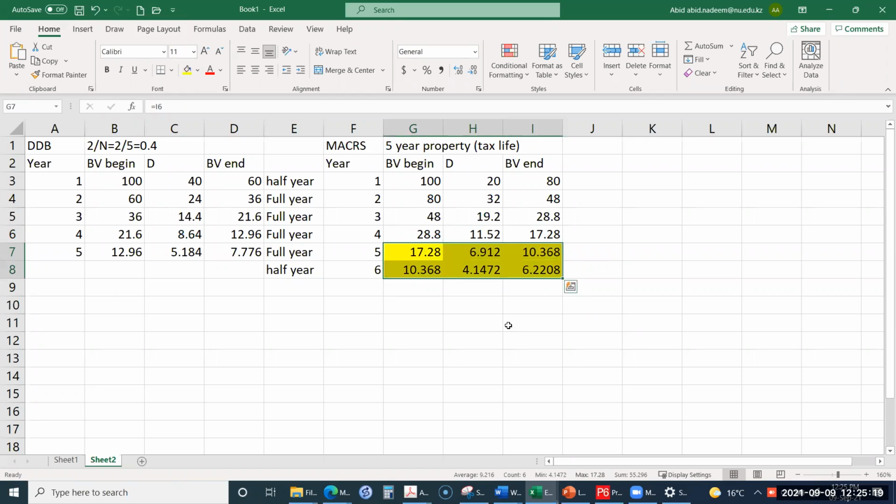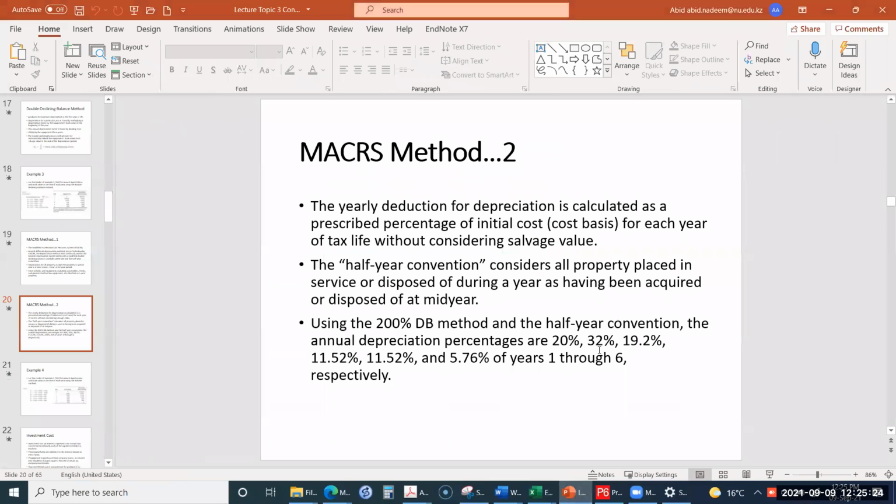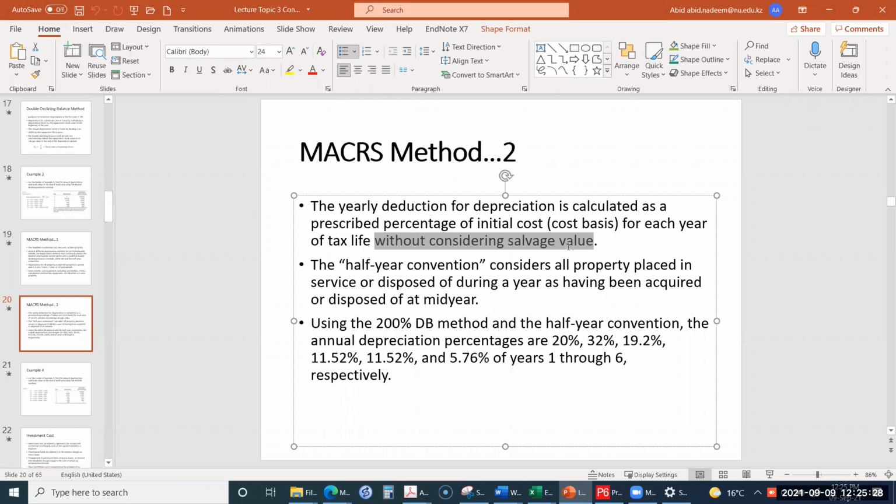Here, another condition of the MACRS system comes: without salvage value, there should be full 100% depreciation. So here you can see that we got these values: 20%, 32%, 19.2%, 11.52%, for years 1, 2, 3, 4. And the fifth year should also be 11.52%, and thus in the sixth year, it will be 5.76%.